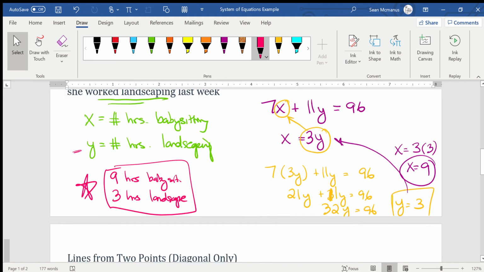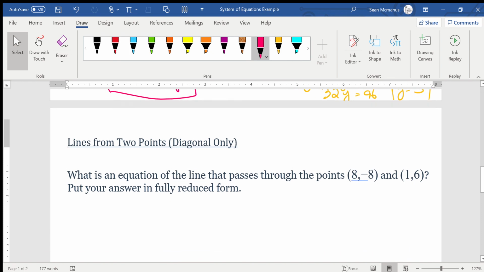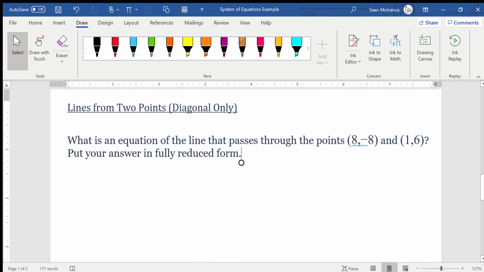And then one more question from the same assignment. It wasn't on systems of equations, but it was a review of how to write the equation of a line from 2 points. It's in the same DLO number 12. So remember our equation for a line, y equals mx plus b.